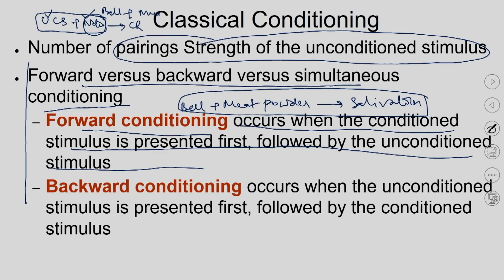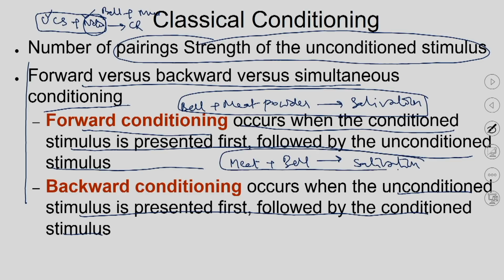There is something called backward conditioning. In backward conditioning, the unconditioned stimulus is presented first, followed by the conditioned stimulus. So if my meat powder comes first, followed by the bell, which leads to salivation, that is backward conditioning.